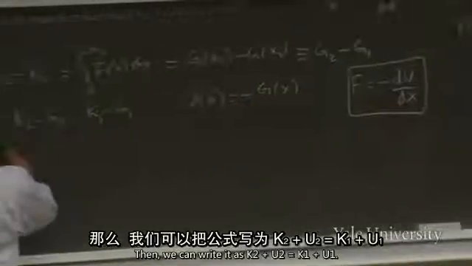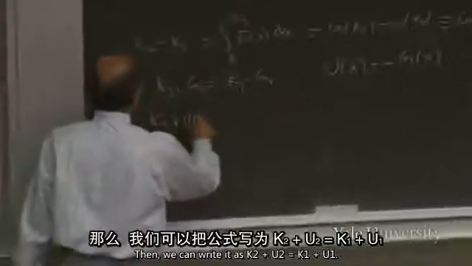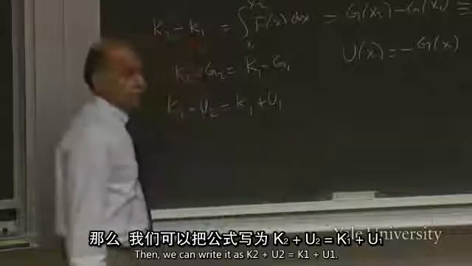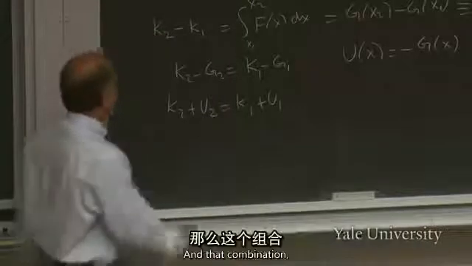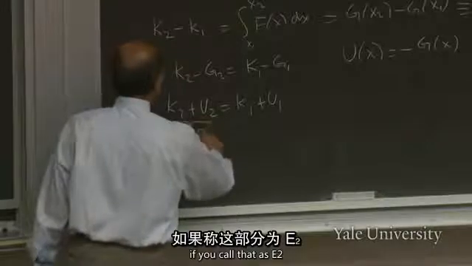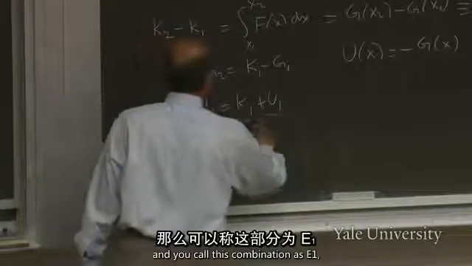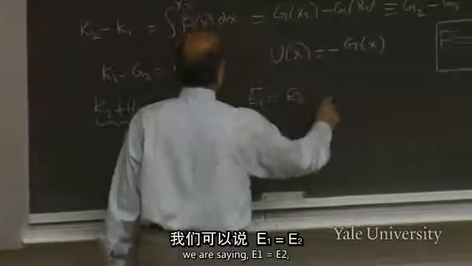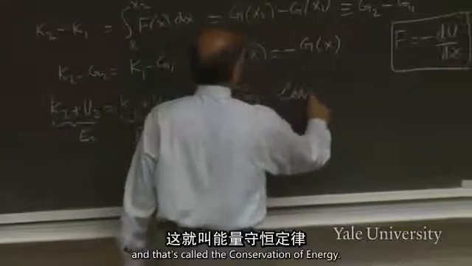Then we can write it as k2 plus u2 is k1 plus u1. And if you call that combination E2, and this combination E1, we are saying E1 equals E2, and that's called the conservation of energy.